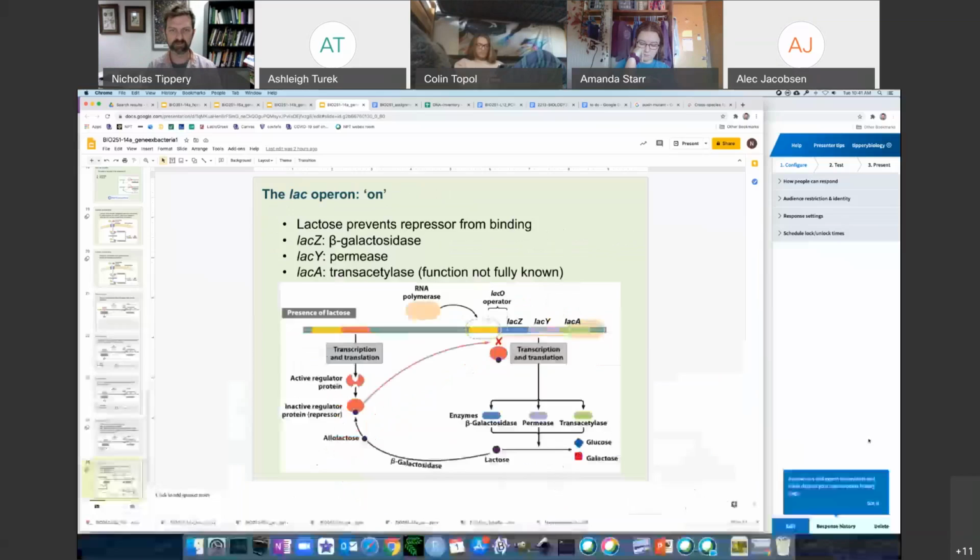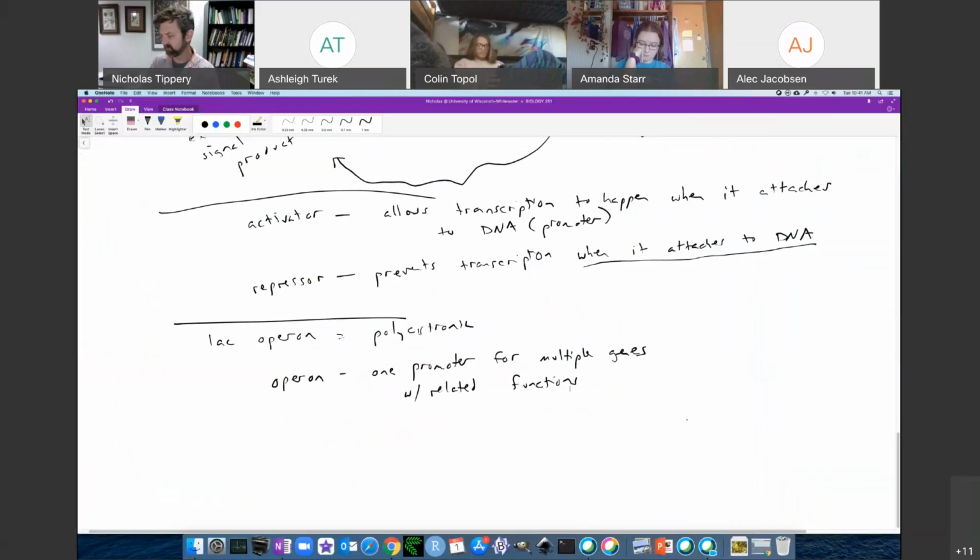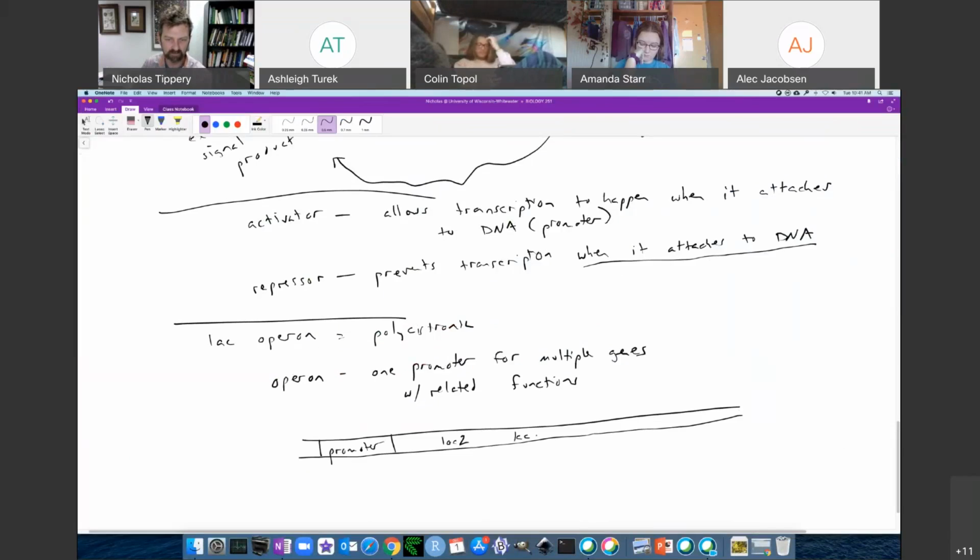All right, so then I wanted to also show you that in a little more diagrammatic fashion. So the promoter, LacZ, LacY, and LacA.